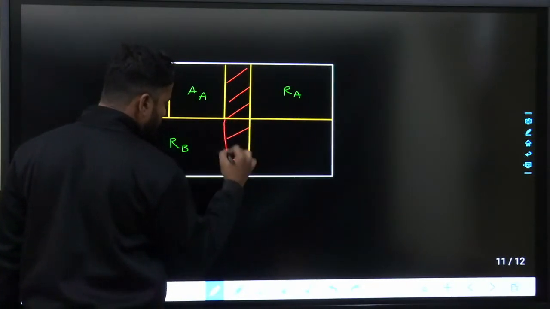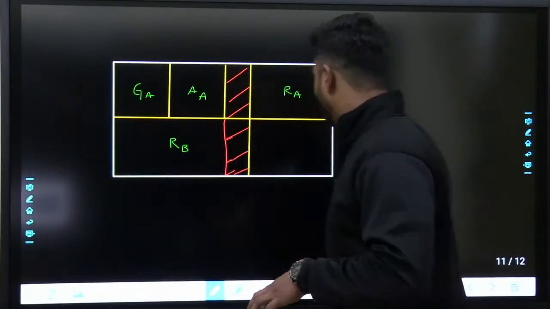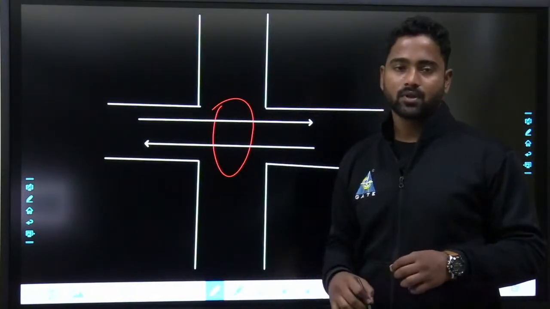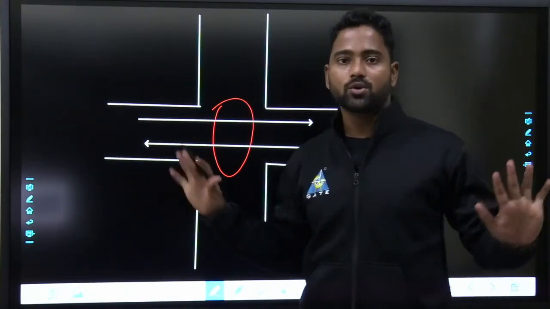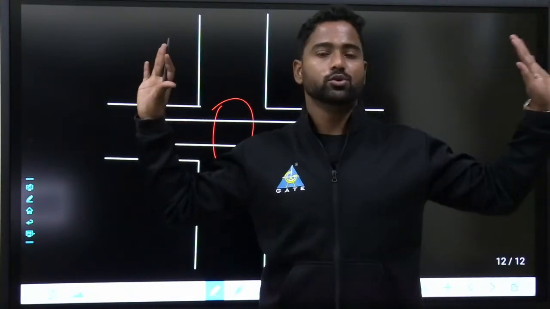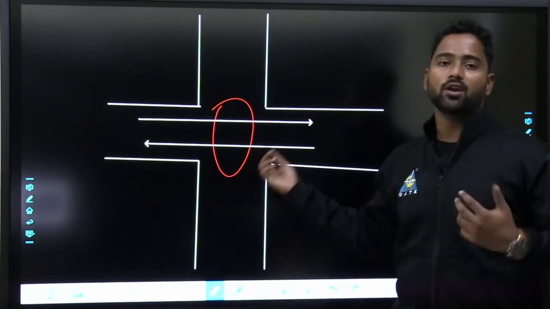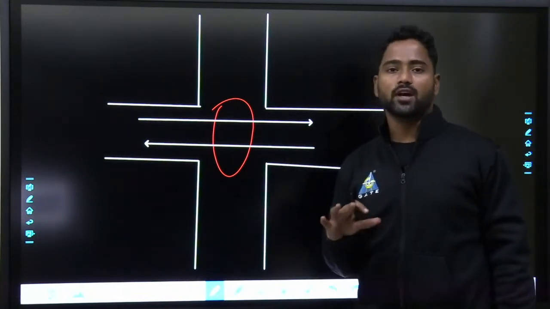Sir, why is this provided? After amber time there is a possibility that some of the vehicles may get stuck at the intersection. So what we will do is all the signals will show red only, so that whatever is stuck at the intersection will be removed. Generally, you do not see this, but this type of all red time is also given.